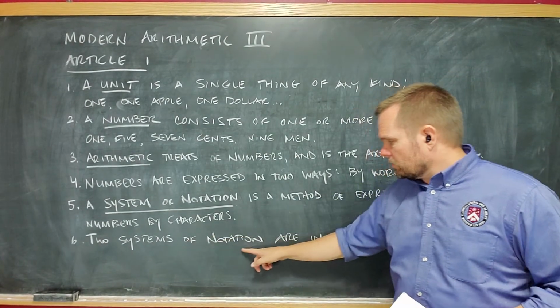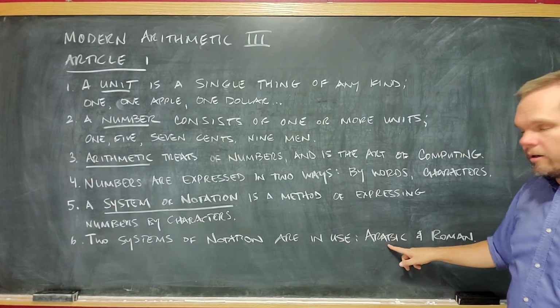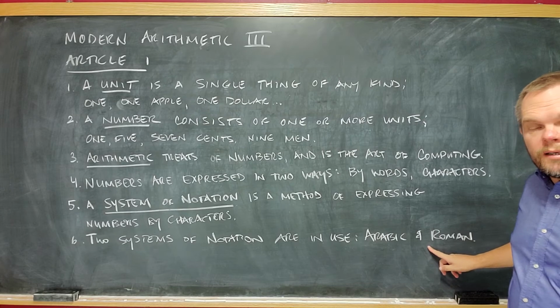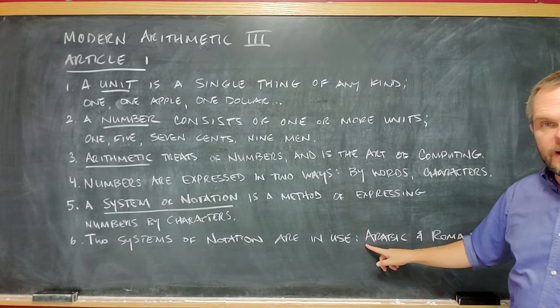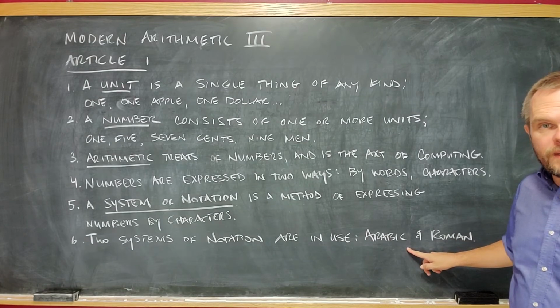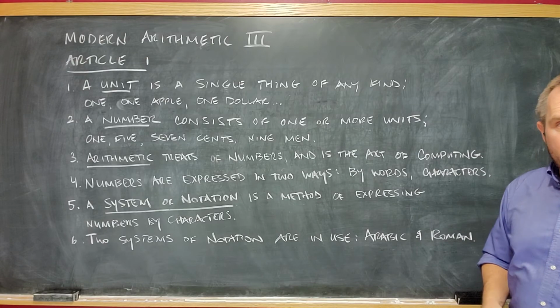The 2 systems of notation that are in use today are Arabic and Roman. And lastly, I said that in the next few lessons, we're going to study Arabic notation, and then after that, we're going to study Roman notation.